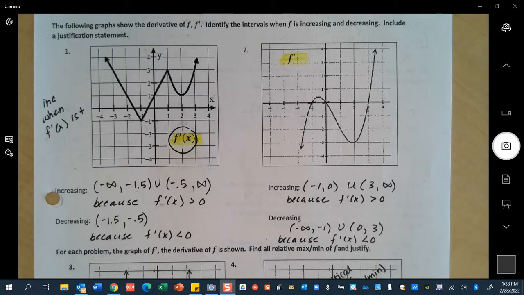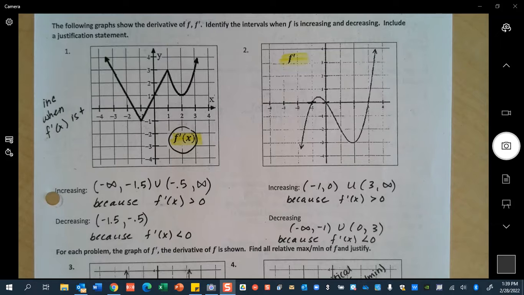So when we look at this graph, which shows the derivative f prime, identify the intervals where my original graph is increasing or decreasing. Anytime that my derivative is above the x-axis, that's an increasing conversation. And what we're looking for is having some thorough answers, some quality answers.